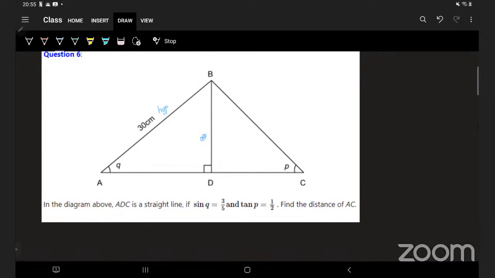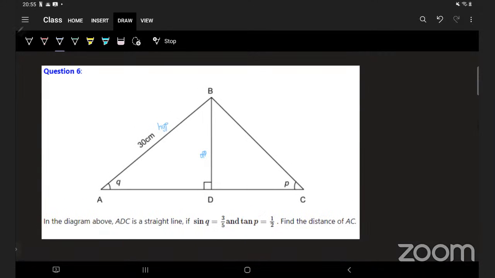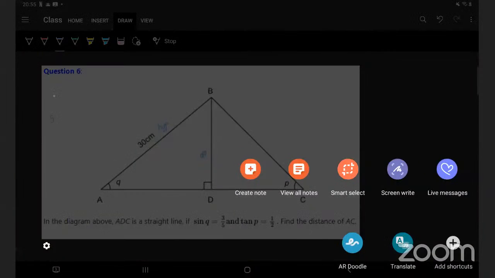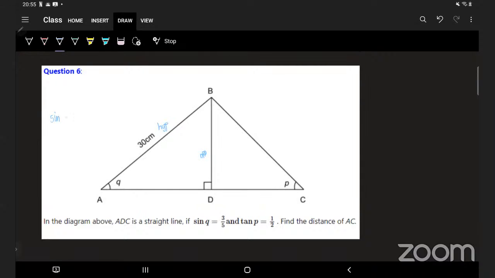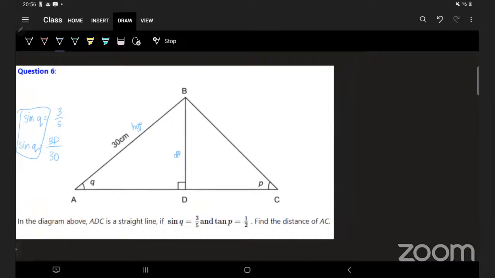If sine q is equal to 3 over 5, and sine q is also equal to opposite, which is BD over 30, we can actually sub these two back together to get a simultaneous equation again.